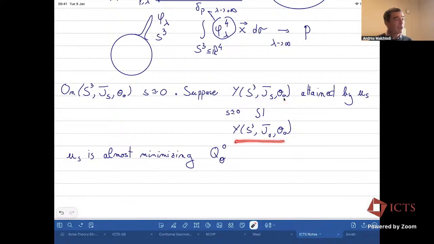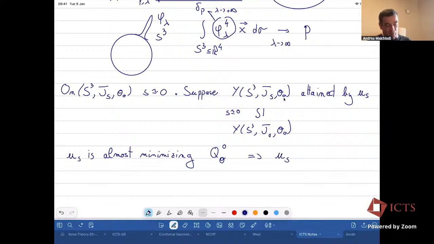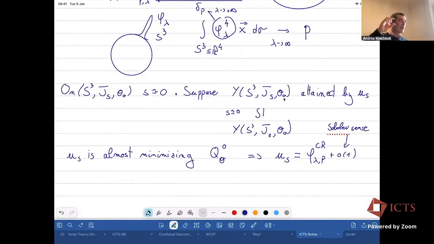The two infima are close, so u_S is almost minimizing the standard quotient. And therefore, you can prove that u_S must be close to, is actually equal to some function phi lambda P CR plus a little o(1) in the Sobolev sense. It's almost minimizing the standard Yamabe quotient of the sphere, so it must be close to some of the minimizers.